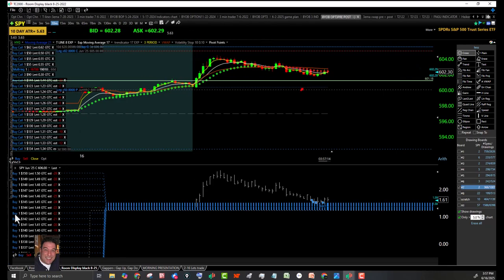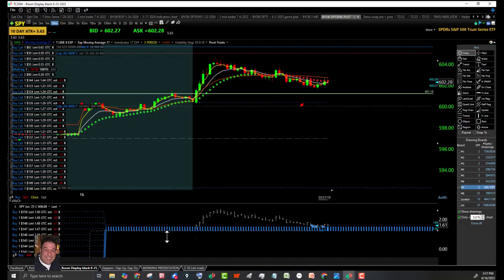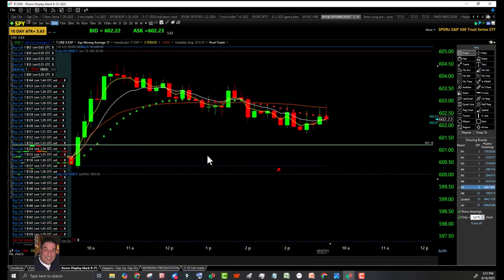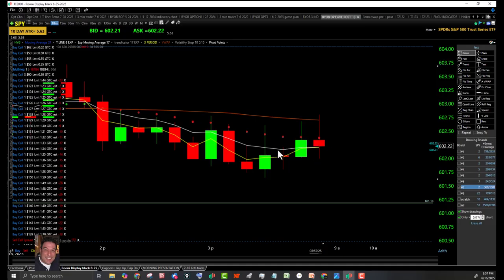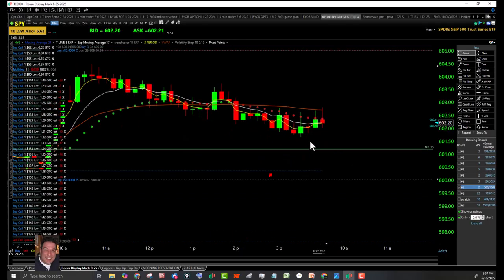Okay, let's move this over. Let's take a look at the 10-minute trend as we come into the close. 10-minute trend looks like a flat consolidation, closer to a downtrend, looking for continuation into tomorrow's open.